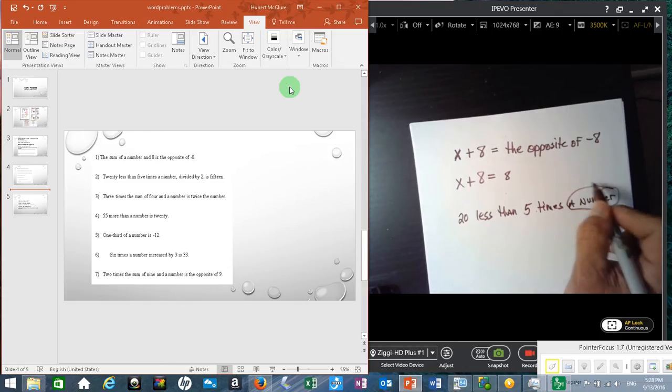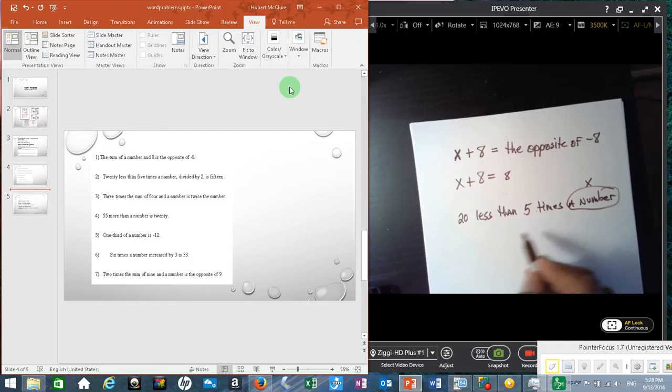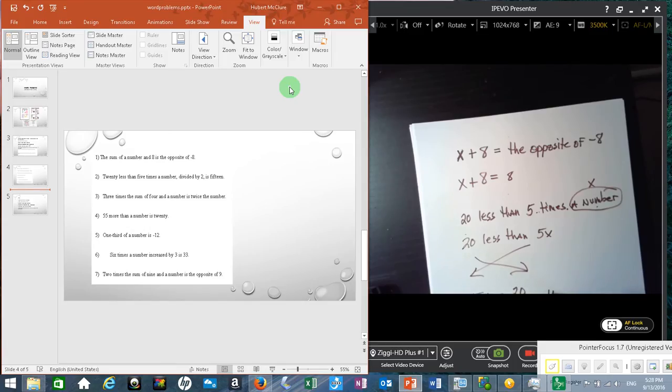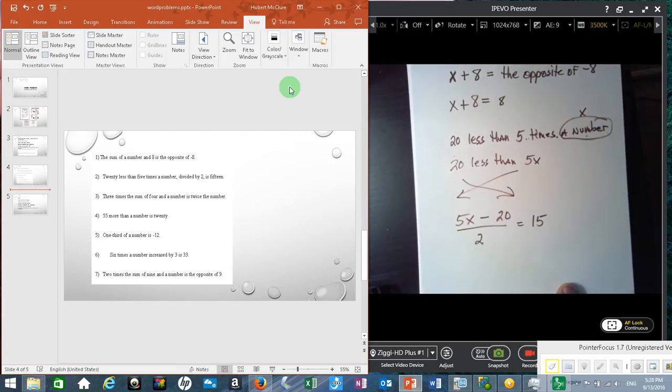When you see a number, that's x. 5 times x, so 20 less than 5 times x, crisscross, 5x minus 20, and that's going to be equal to twice the number. Divided by 2, equal to 15.